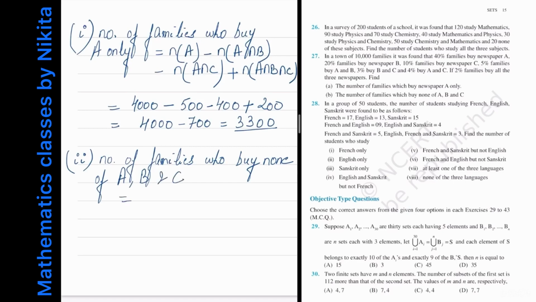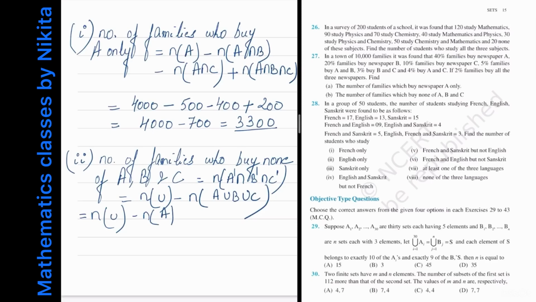So this is basically equal to n of A complement intersection B complement intersection C complement, which is equal to n of U minus n of A union B union C. Now again just put the formula of A union B union C, and note that I have a negative sign here. So this we have used many a times, so I am not telling you again and again.